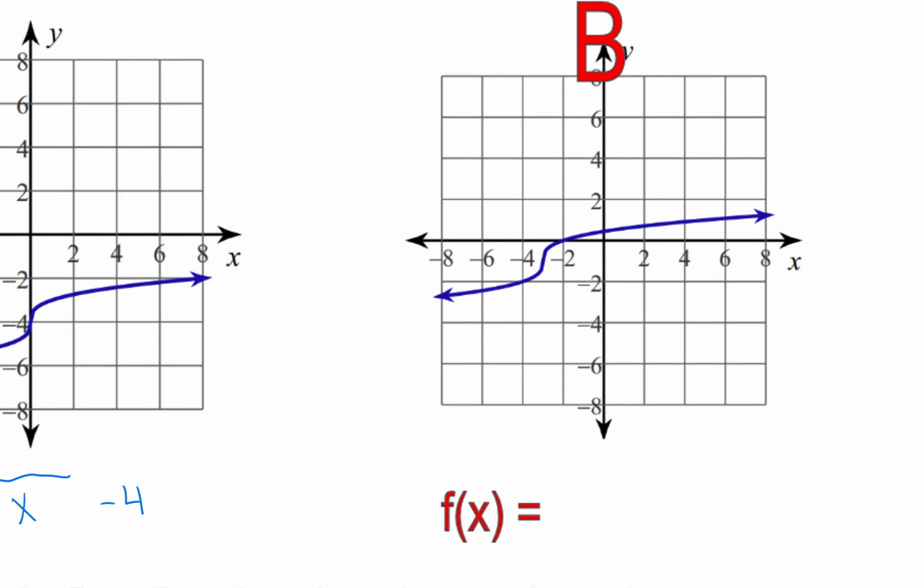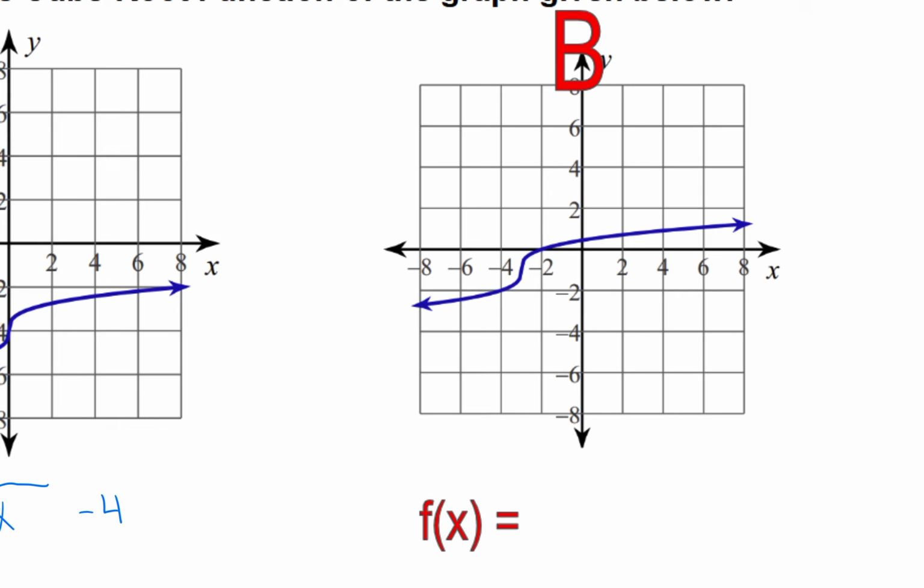From there, let's move on to the graph for b. The graph for b, what do we notice? We notice that when compared to the parent function at (0, 0), this graph was shifted to the left 3 units, right? This is the point of inflection right there at (-3, -1). So be careful because the grid right here is going by 2, so half the square will be 1.